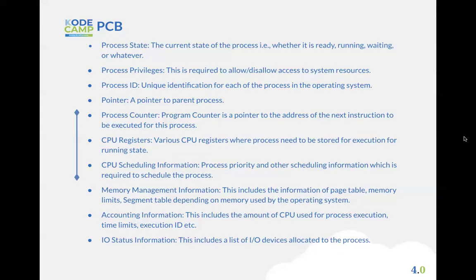So we have the memory management information. You can see the information of the page table, and we'll speak about paging later in this class, paging and how it works and the advantages of it. Partitions, segmenting table, depending on the memory that you're using in your paging, and accounting information, as well as input output status information, and a lot of other information in the PCB data structure.